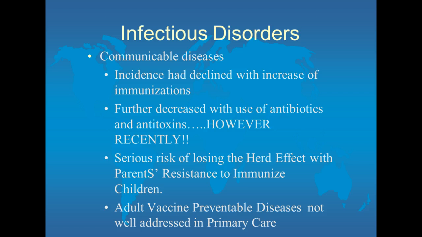The other serious risk we have now is that people are choosing not to vaccinate their children, and this is serious because we're going to lose the herd effect. You'll have people of like minds in certain communities who all want to not immunize their children.